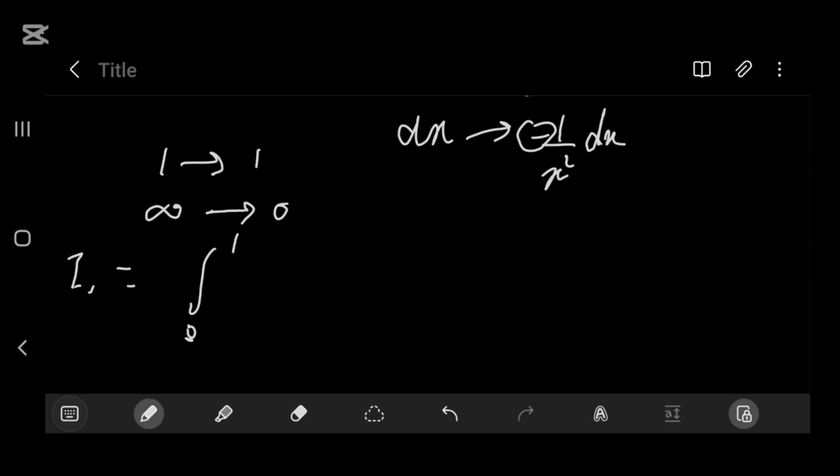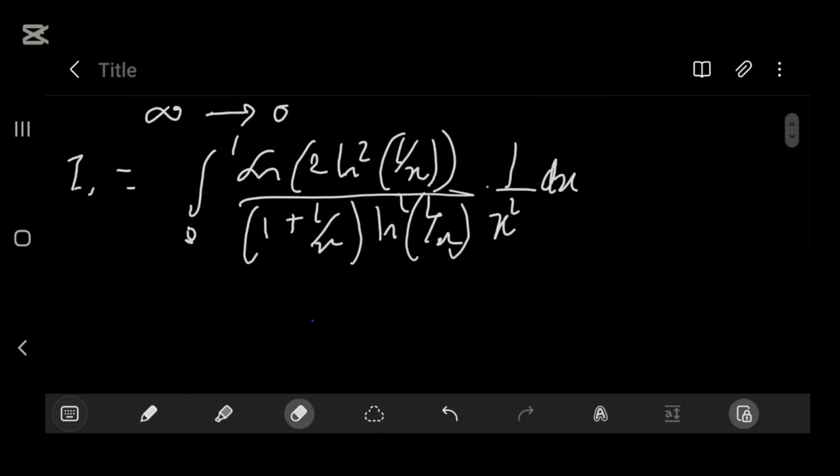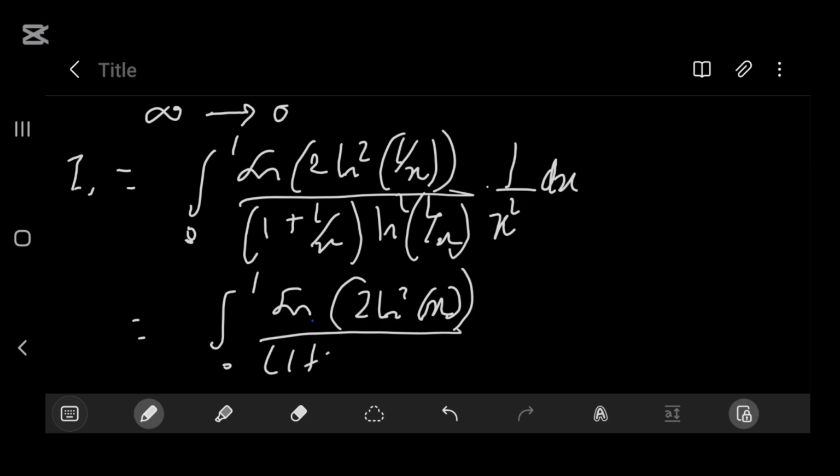We have sin(2 ln²(1/x)) over (1 plus (1/x) ln²(1/x)) times 1 over x² dx. After some simplification, the integral becomes 0 to 1 of sin(2 ln²x) over (1 plus x ln²x), with an extra x here, and don't forget the dx. So this is what we have for the I1 part.